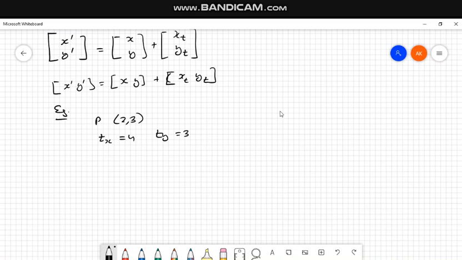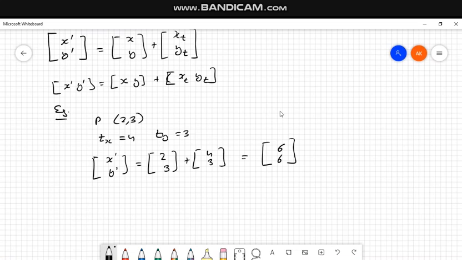Okay, these are the coordinates for the next point. तो represent करते हैं इसको (x dash, y dash) equals (2, 3) plus (4, 3). This equals (6, 6). Okay, so these are it.